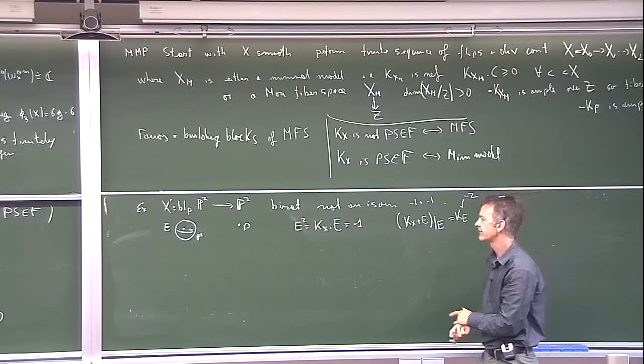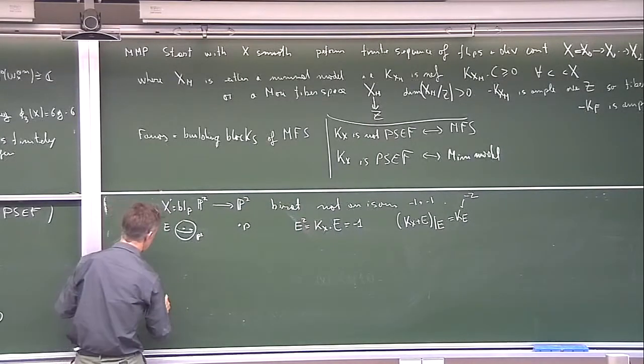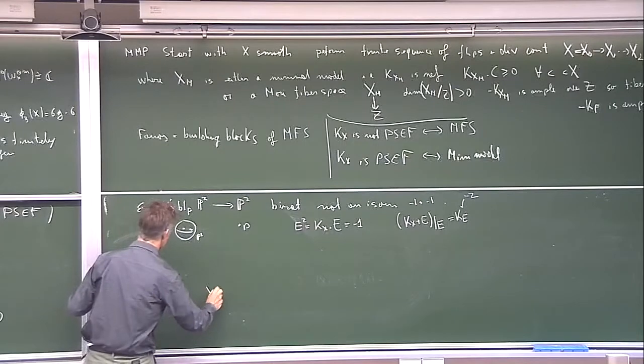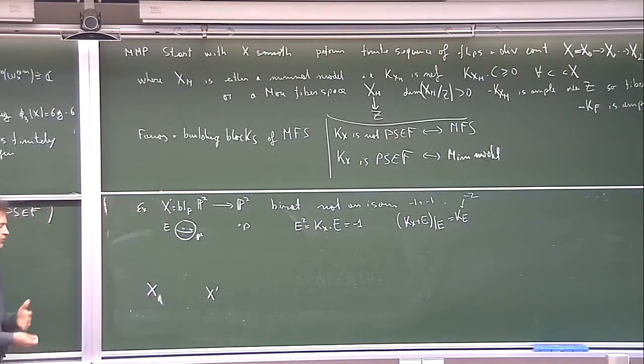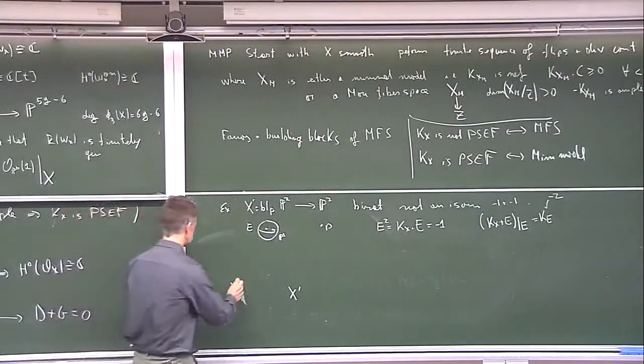And in fact, it turns out that if two surfaces are birational in general, if X is birational to X prime, then we can get from one to another by a finite sequence of blow-ups followed by a finite sequence of blow-downs.